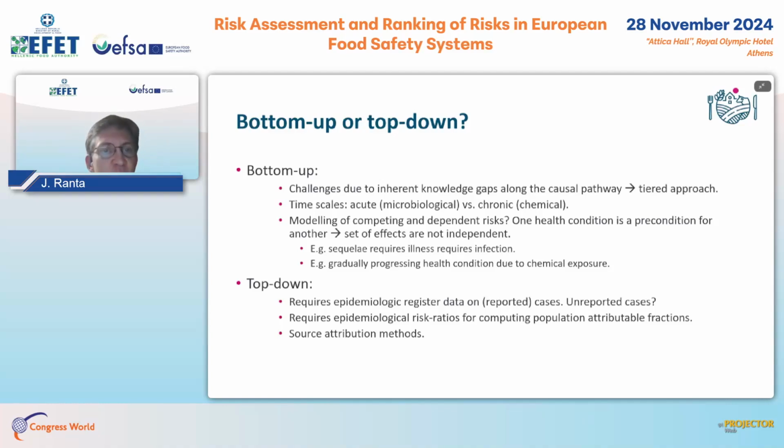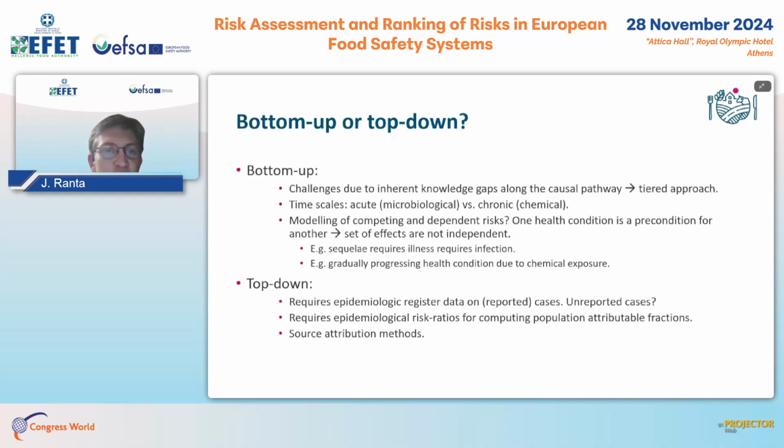But then the top-down approach, that's a different story. So it could be worth comparing both approaches to see whether you still get the same kind of output in the end if you do both the bottom-up and the top-down approach. But the top-down approach actually requires epidemiological registered data on reported cases. And as you know, there's a question about underreporting.